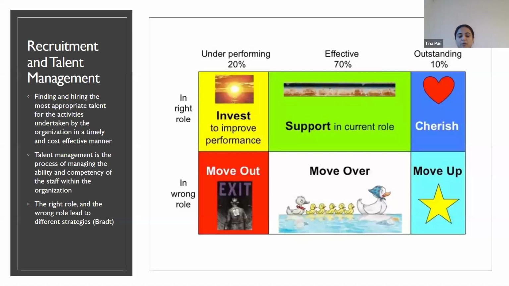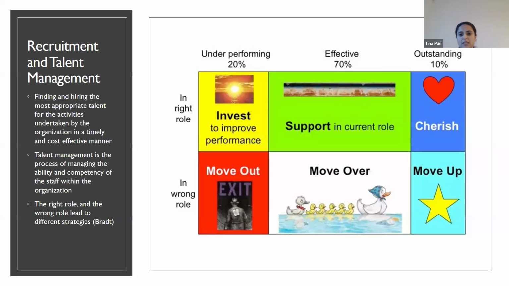So here we see recruitment and talent management: finding and hiring the most appropriate talent for the activities undertaken by the organization in a timely and cost-effective manner. Talent management is the process of managing the abilities and competencies of the staff within the organization, and the right role and the wrong role lead to different strategies.